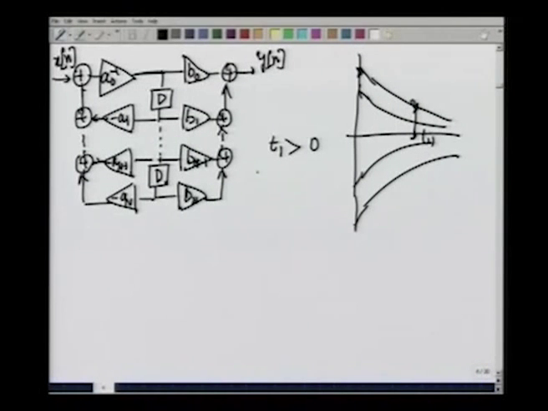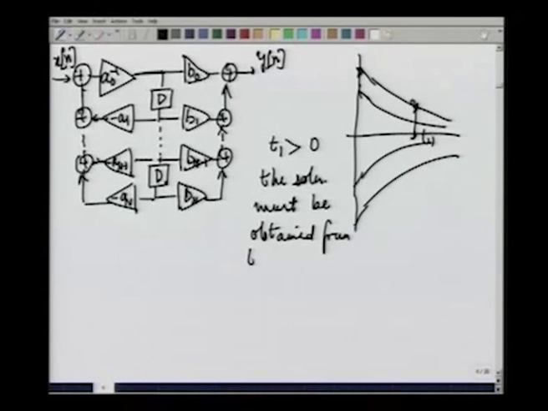That means the solution must be obtained from t equal to 0 to t equal to infinity. This is obviously what we require.